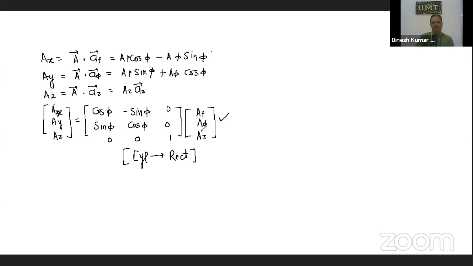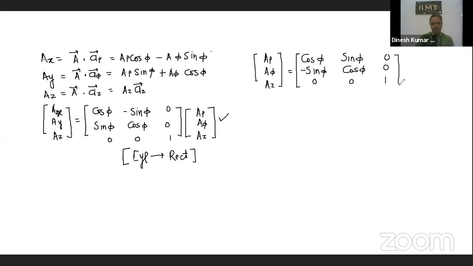Similarly, if we want to convert a vector given in rectangular coordinate system to cylindrical coordinate system, this middle matrix will just make transpose of itself, and it will be written as cos phi, minus sin phi, 0, sin phi, cos phi, 0, 0, 0, 1, and in the third column matrix we have ax, ay, and az, the components of the rectangular coordinate system.